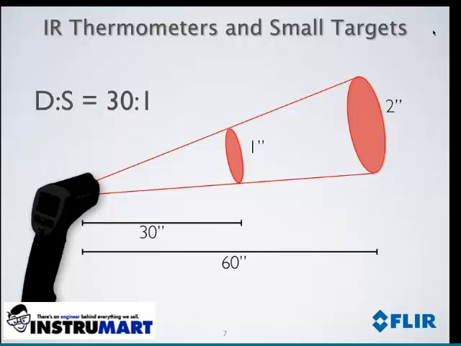In this example, I have an IR thermometer that has a distance to spot ratio of 30:1, which means if I have a target at 30 inches distance from my IR thermometer, the area averaged is 1 inch. Or, for example, if I'm at 60 inches from my target, the area average becomes 2 inches. It's a 30:1 ratio. Very simple to use.